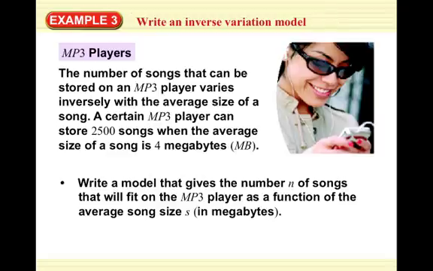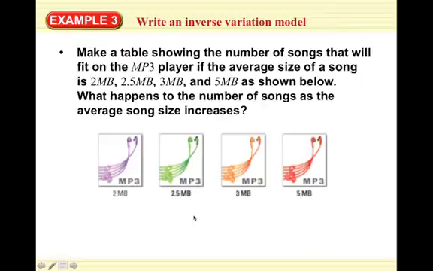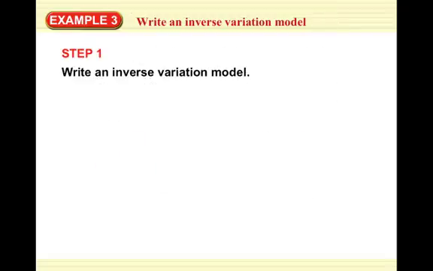So that means we're going to have n equals a over s because we want n as a function of s. Make a table showing the number of songs that will fit on the MP3 player if the average size of a song is 2 megabytes, 2.5 megabytes, 3 megabytes, and 5 megabytes as shown below. What happens to the number of songs as the average song size increases?